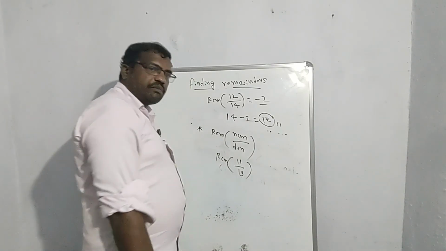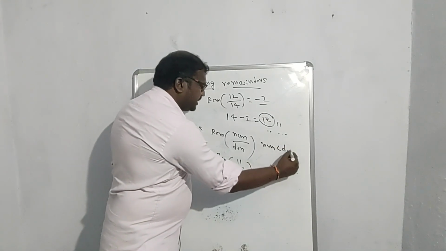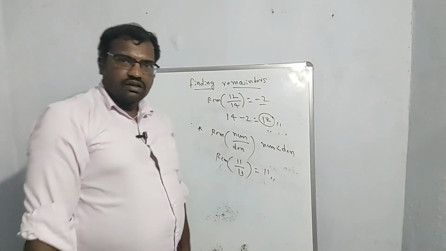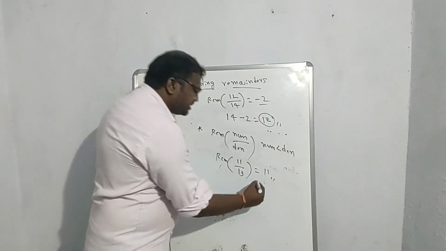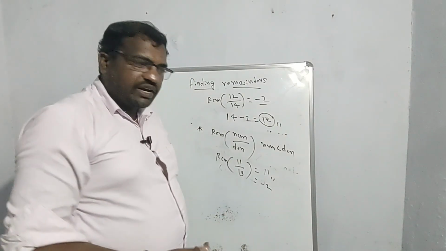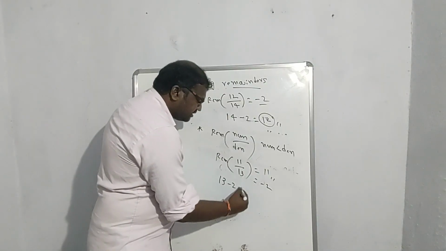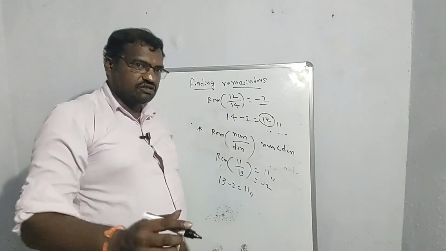Your numerator is less than the denominator, so 11 is the remainder. Sometimes we can take a negative remainder, that is minus 2. If it is a negative remainder, we have to subtract it from the divisor: 13 minus 2 is 11. 11 is the remainder. So please note these points.